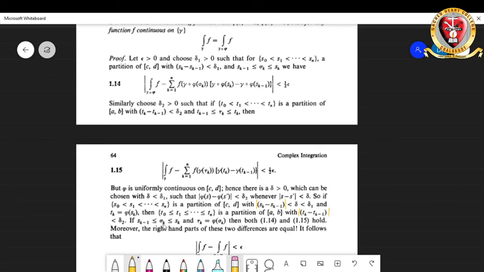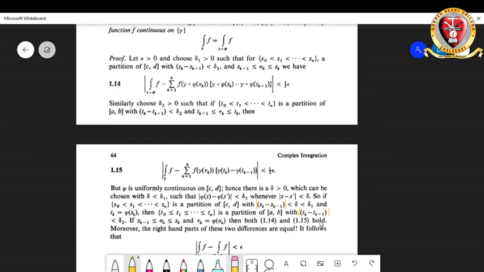And also if sigma k is here and tau k is equal to phi of sigma k, then we can say that both of the inequalities sitting here in 1.14 and 1.15 will hold simultaneously.